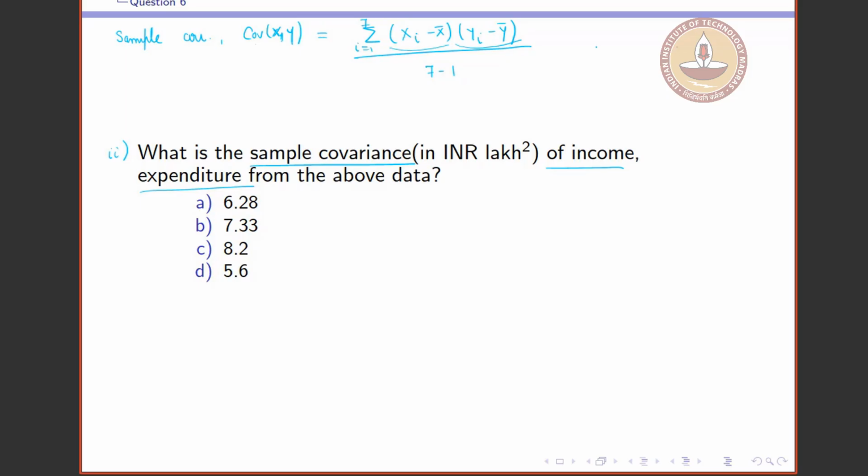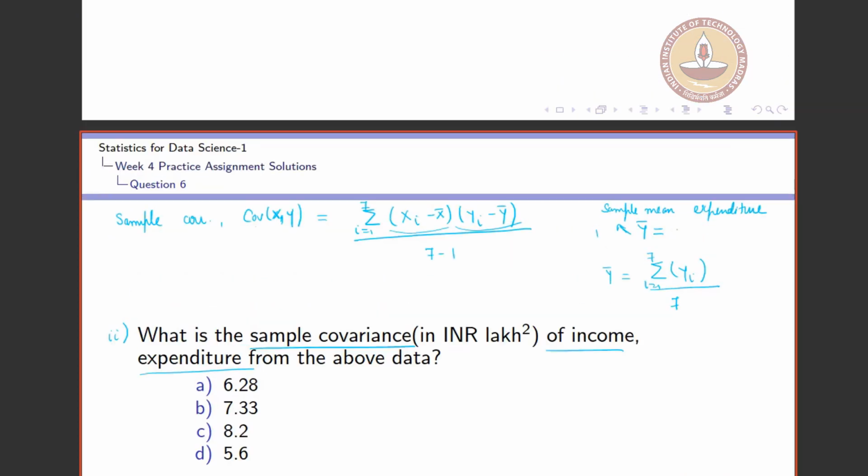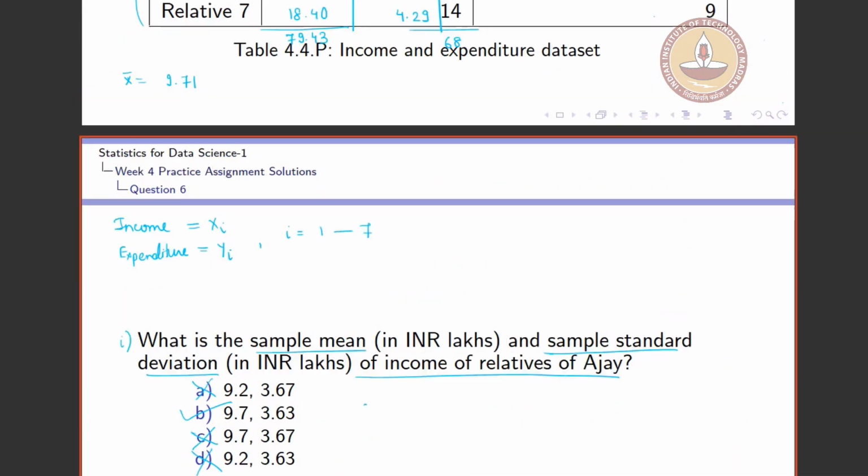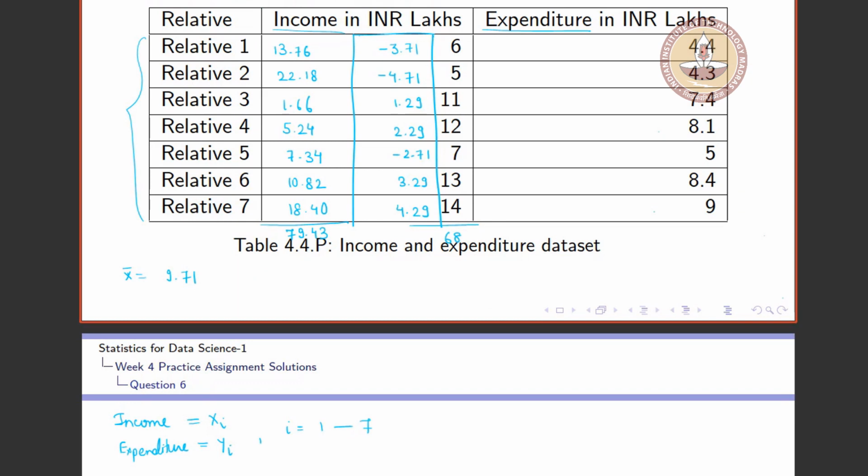We will first calculate our y bar, that is the sample mean expenditure of the relatives of Ajay. So y bar is equal to the sum over yi divided by 7, where i is varying from 1 to 7. Let's add up all those numbers. These are the expenditures of relatives of Ajay.